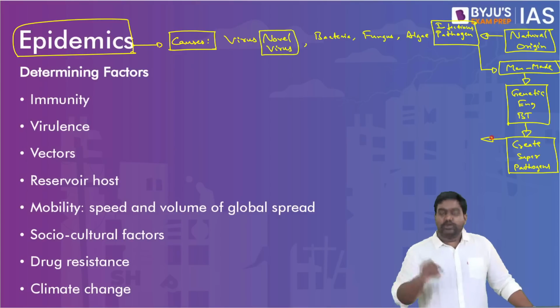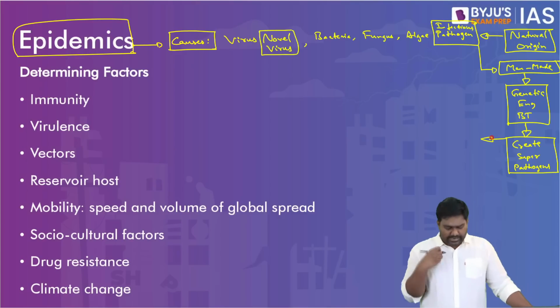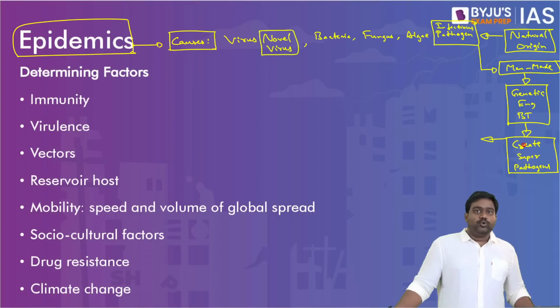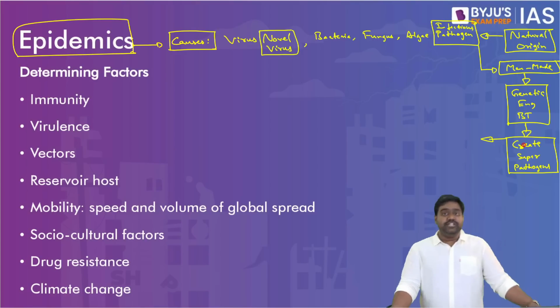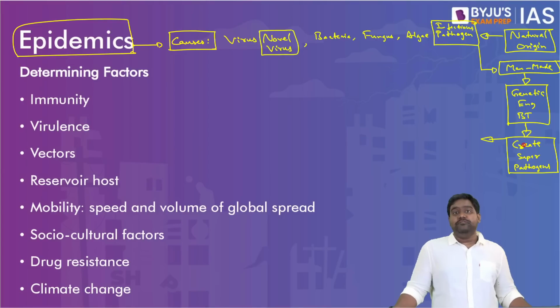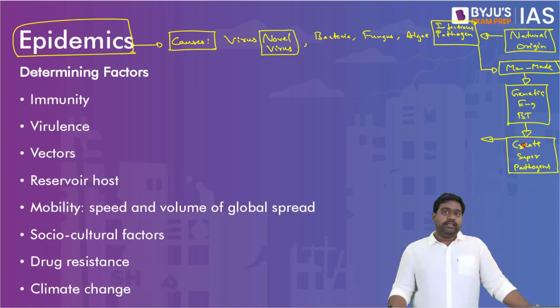It is possible to create super pathogens which are highly infectious. So, this can be done in a lab, in a highly secure biosafety lab, through inserting desired genes, by manipulating certain genes in the structure of these pathogens. You can create super pathogens. You can make them more infectious. You can make them more transmissible, right? You can make them to target particular organs and functions to make them more deadly. So, this can be done in a lab.